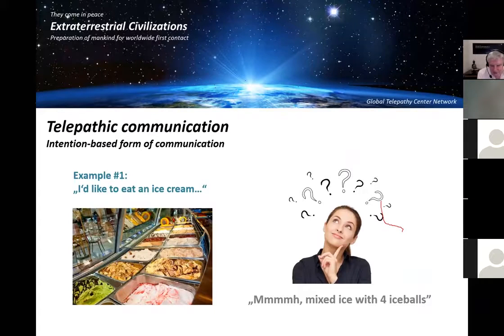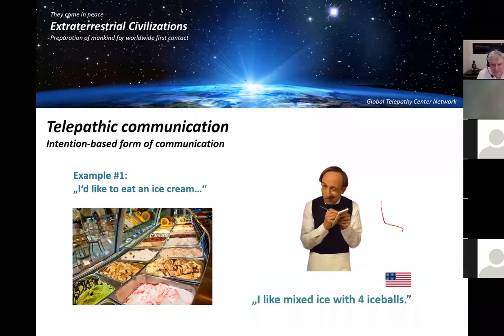Let's take this example where this lady thinks about having ice cream, right? She looks at a special ice cream here on that table, and thinks about what would be the best ice cream that she has a longing for at the moment. And she would like to have a mixed ice with 4 ice balls, right?